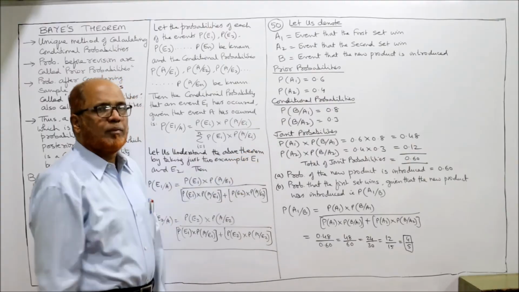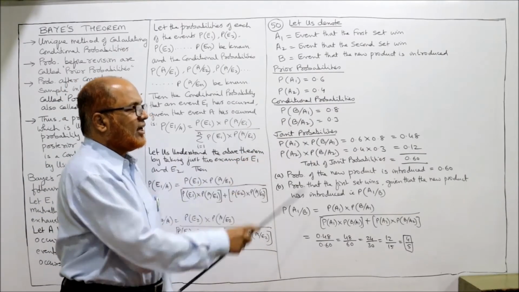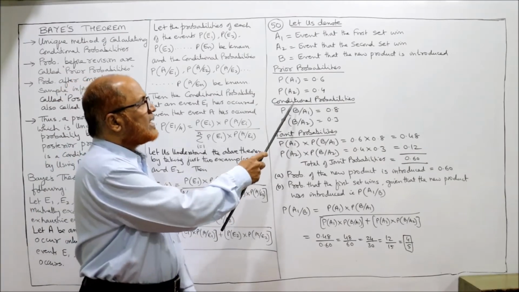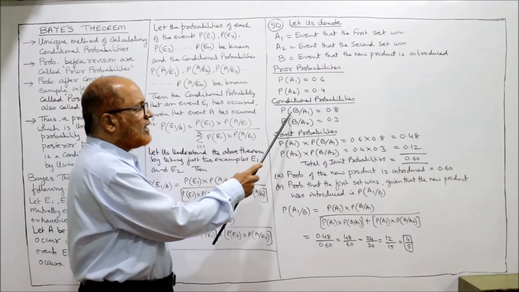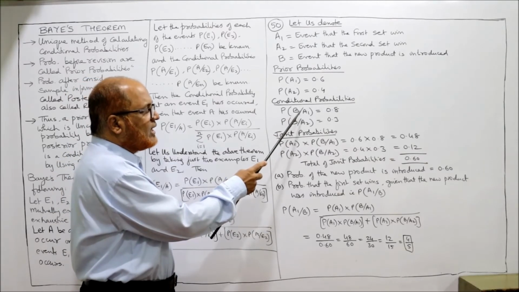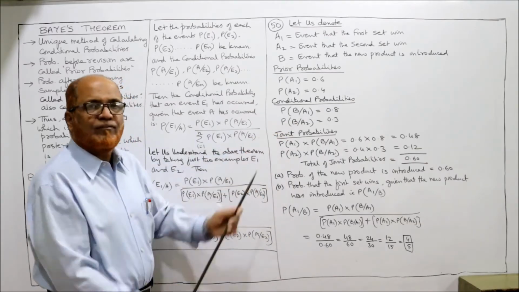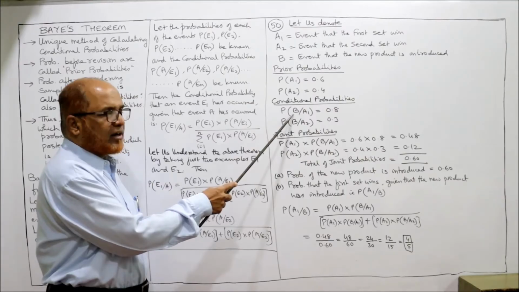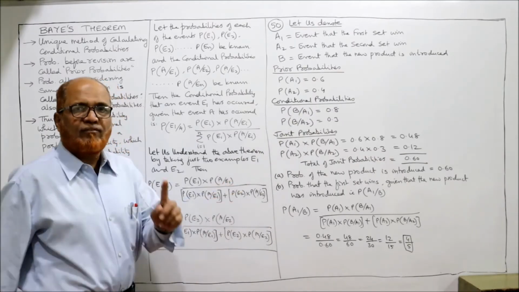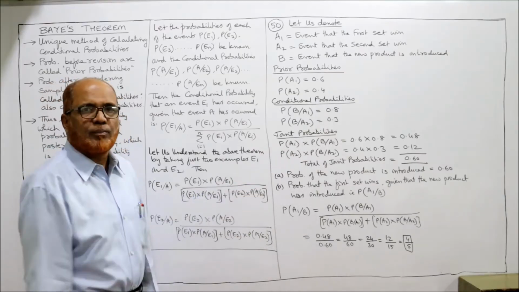Now conditional probability. P of B given A1, P of B given A2. B stands for the event that the new product is launched. The probability that the new product is launched given that the first set wins. A1 क्या चीज है ये? First set wins. The probability of the new product given that the first set wins is equal to 0.8, given in the problem.